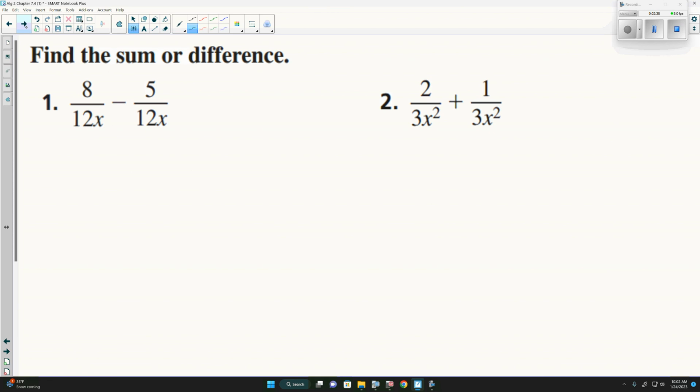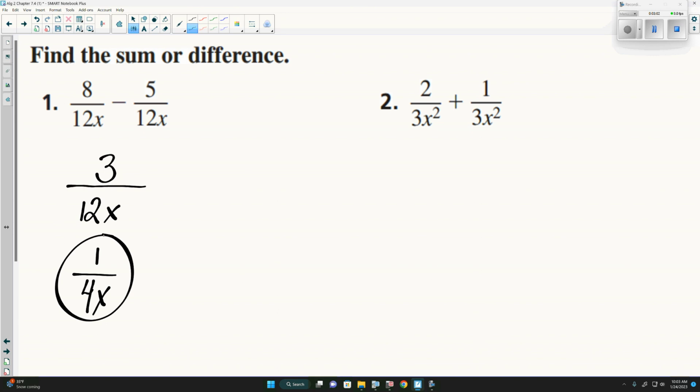So we can go on and do these here. The next one, 8 over 12x minus 5 over 12x. So we can go on and subtract. 8 minus 5 is 3 over 12x. Will that reduce? 1 over 4x.